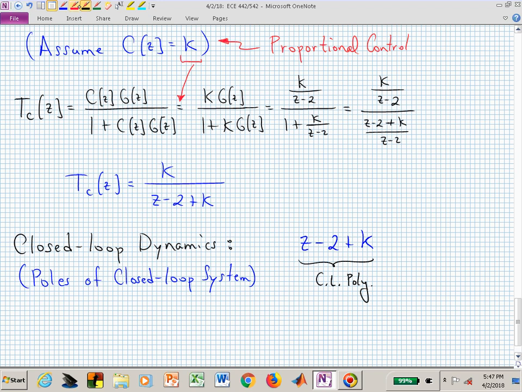And if we set that equal to 0, then that gives us our characteristic equation, where the values of z that cause that to be true will be the poles of our closed loop system. This is now our closed loop characteristic equation. It's the characteristic equation of our closed loop system.